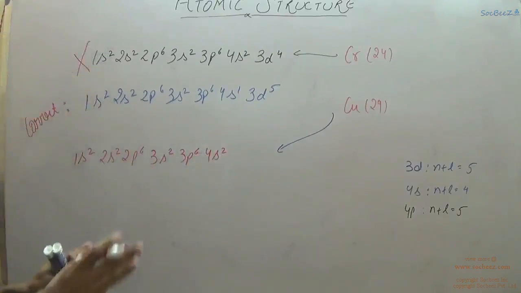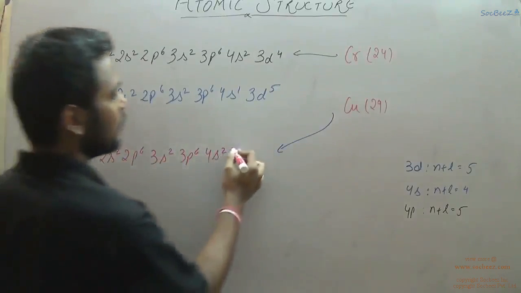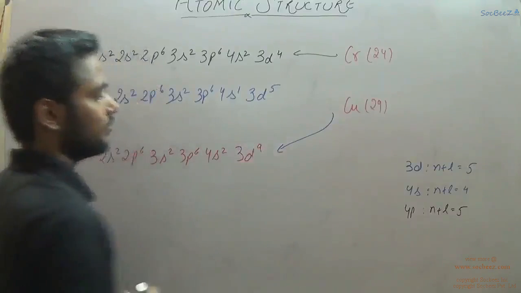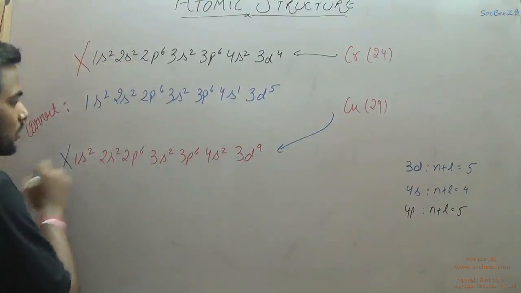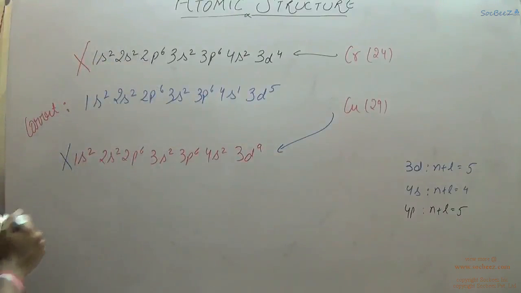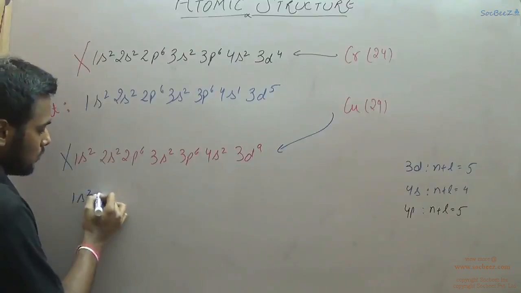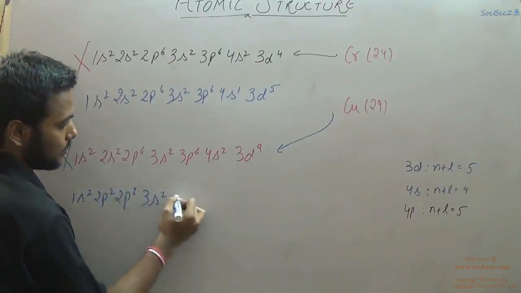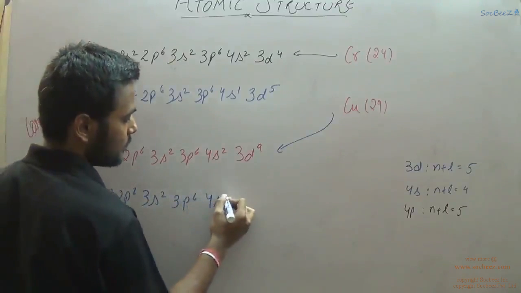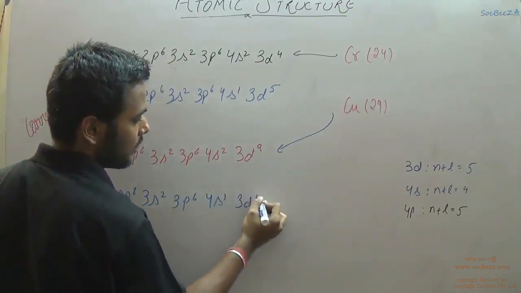So far it has been 20. Now 9 are left. It should have been 3d9. But again, this is wrong. The correct electronic configuration is 1s2, 2s2, 2p6, 3s2, 3p6, 4s1 and 3d10.